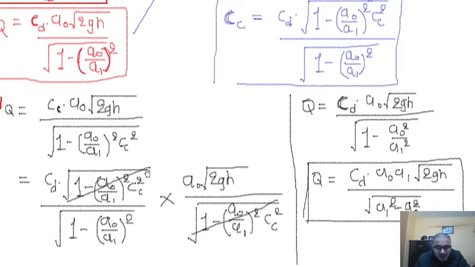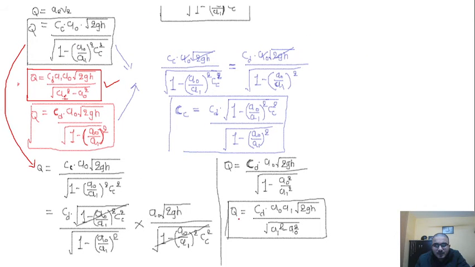Here we will be able to cancel this part, and we are only left with a few terms written over here, that is Cd into A0 square root of 2gh divided by square root of 1 minus A0 square upon A1 square. And then finally we get the value of Q is equal to Cd into A0 A1 square root of 2gh divided by square root of A1 square minus A0 square. So this is the final equation that we will get.